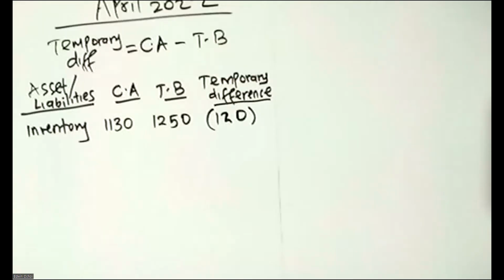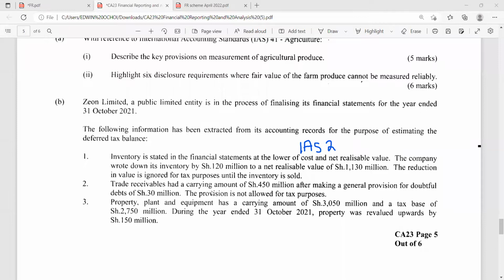Then the next thing you talk about is note 2, trade receivables. Trade receivables had a carrying amount of 450, after making a general provision for doubtful debt of 30.